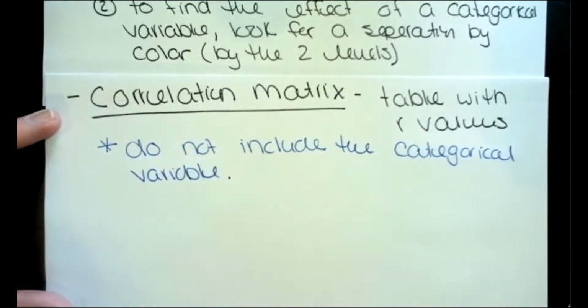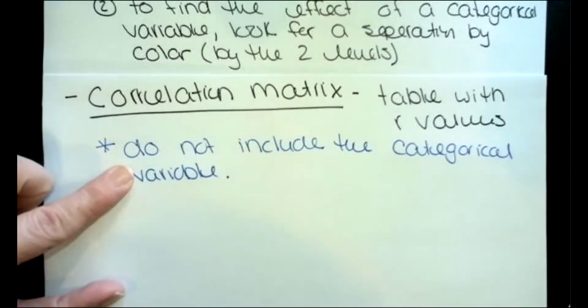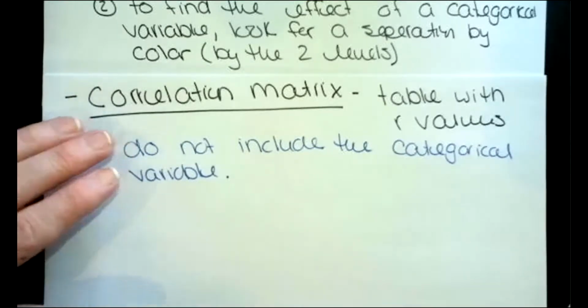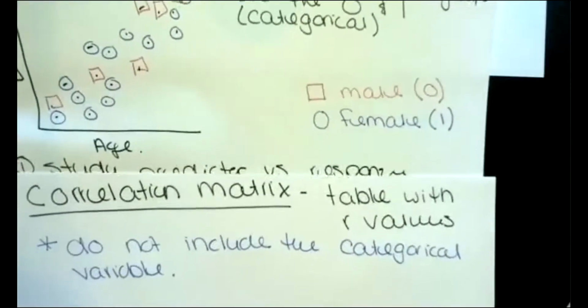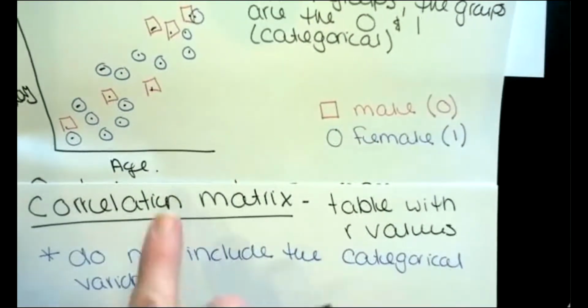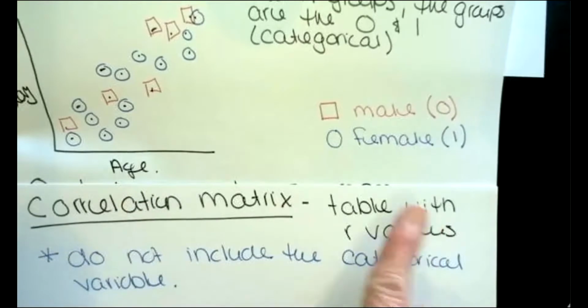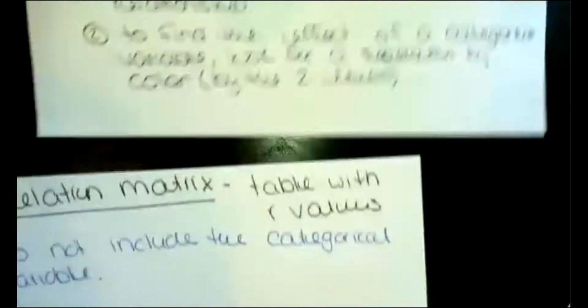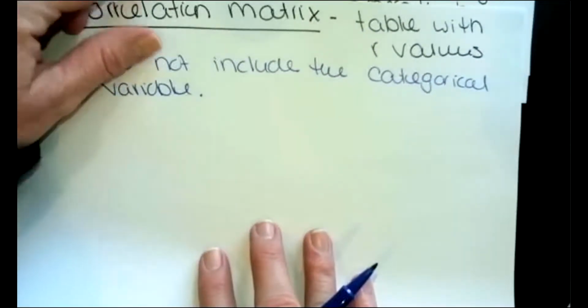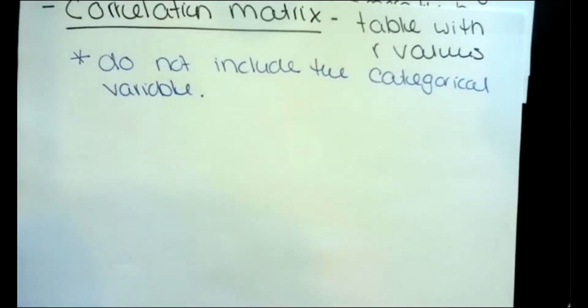Okay, so we're not going to include that categorical variable here. I'm going to show you how to do this, but it's still going to do the same thing that we always do. We just don't include the categorical. It's still going to give us that value that corresponds to the strength in that picture that we see, right? And we use the two together to talk about the relationship between the two. Okay.